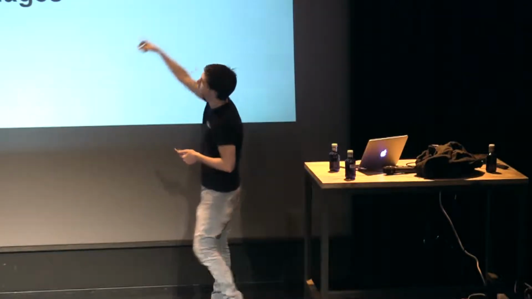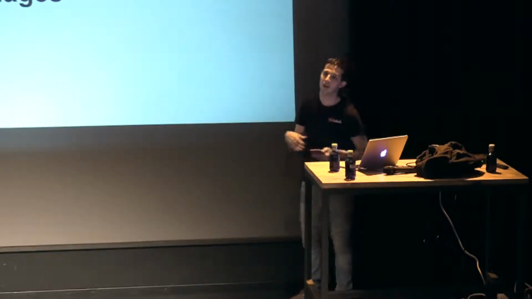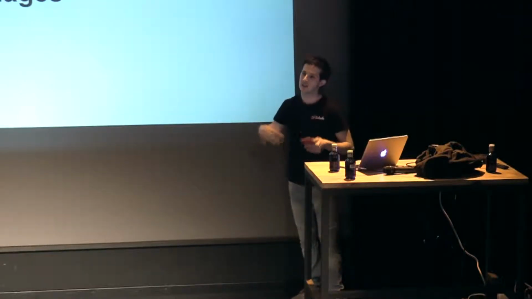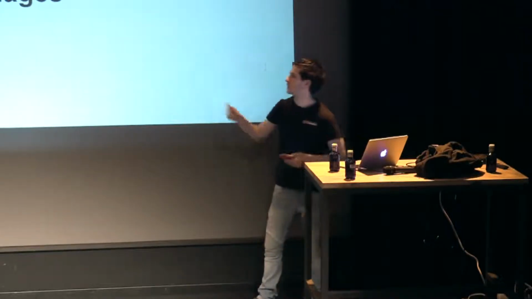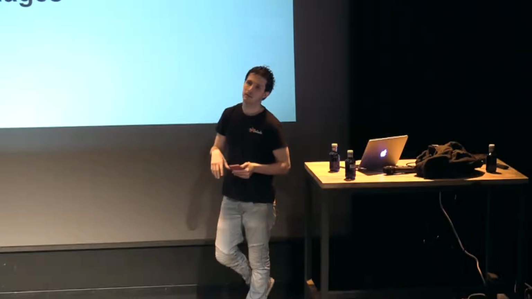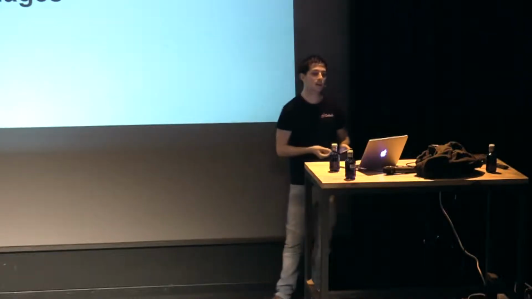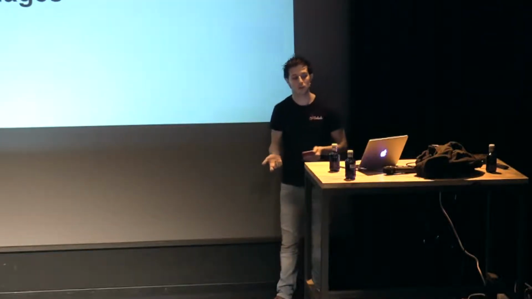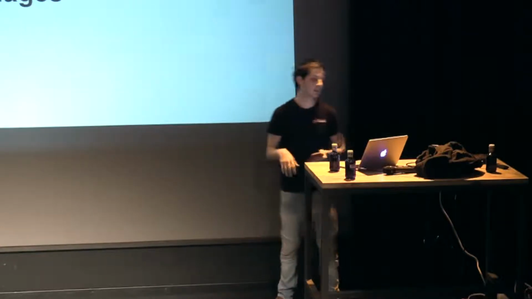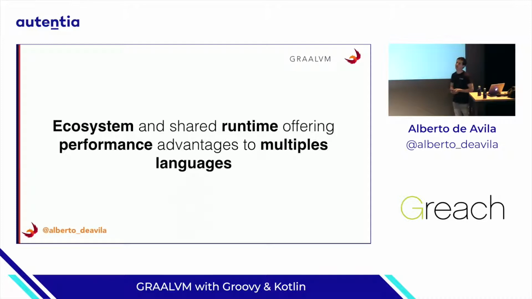We have also multiple languages because GraalVM provides us an API to make them interoperate with each other. It offers good performance, mainly because it uses a new compiler, the Graal compiler, that makes better improvements at the language level, and because it can generate native images.